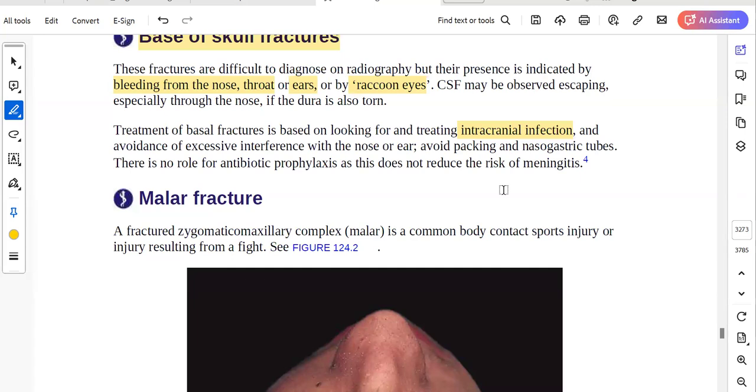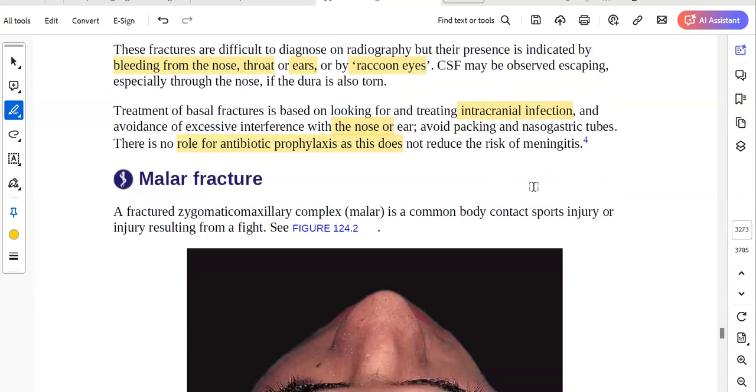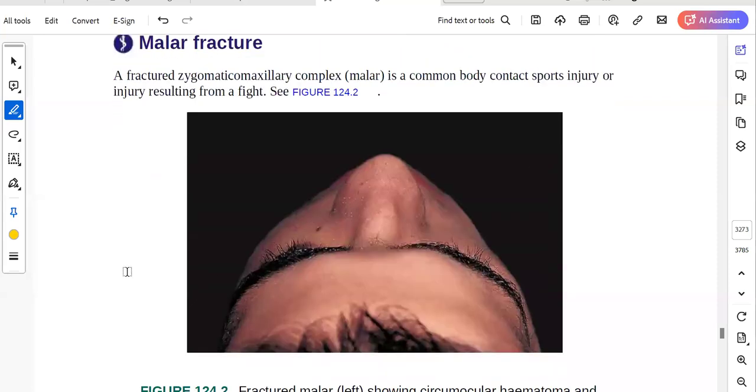First, make sure there is no sign of infection. Avoid excessive interference with the nose or ear, so ask the patient not to blow their nose a lot. Avoid packing and NG tube. There is no role of antibiotic prophylaxis. Unless the patient has signs of infection, we don't need to give the antibiotic. Okay. And base of the skull fracture is mainly symptomatic management. If it is bad, you might need to even talk to a neurosurgeon about it.